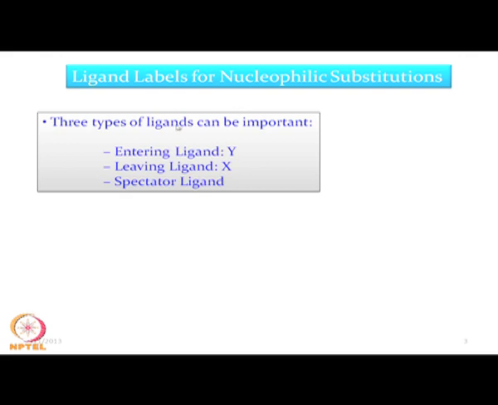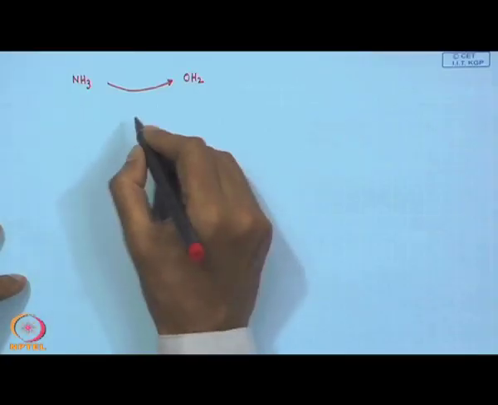So, three types of ligands we can consider: we have the entering ligand Y, we have the ligand which is leaving the system as X, and the spectator ligands which are present there as L. So, we can have the kinetic information for the different cases, and we can use it to find the kinetic rate law for the different types of mechanisms.